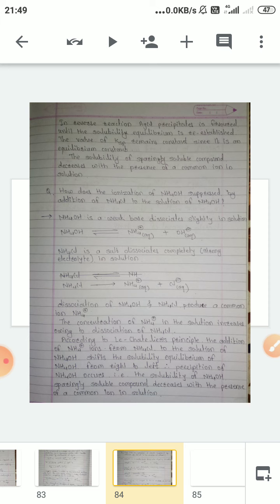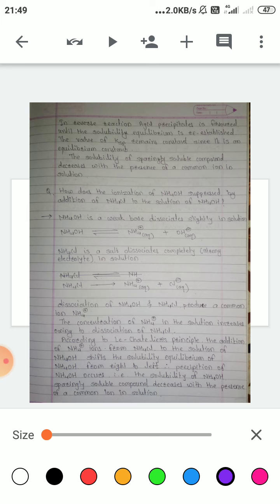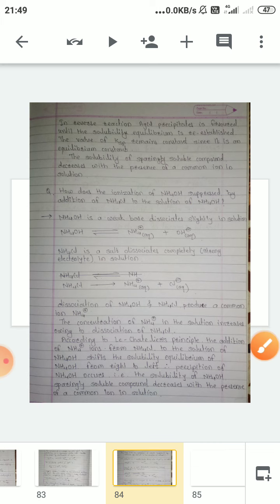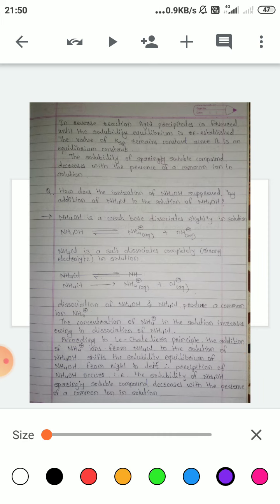Same for ammonium hydroxide and ammonium chloride. First see the question: how is the ionization of ammonium hydroxide suppressed by the addition of ammonium chloride to the solution of ammonium hydroxide?